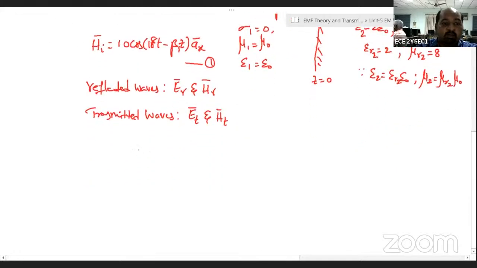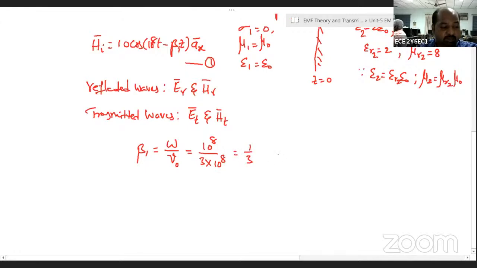So we can calculate beta 1. Beta 1 is equal to omega by v naught, for free space. So beta 1 is equal to 10 power 8 divided by 3 into 10 power 8, which is equal to 1 by 3.